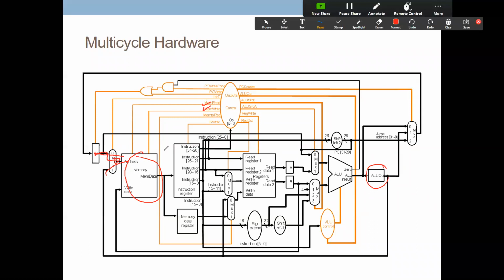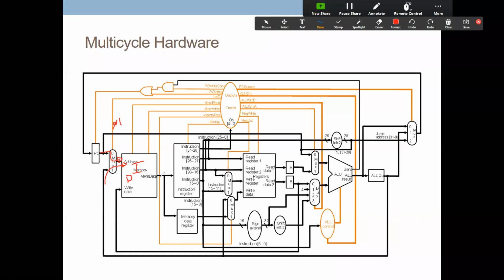Okay, so if I or D is zero, the multiplexer will take the value from the program counter, in this case you're using it as instruction memory. If it becomes one, it will take the address from here, and now you're using it as data memory.